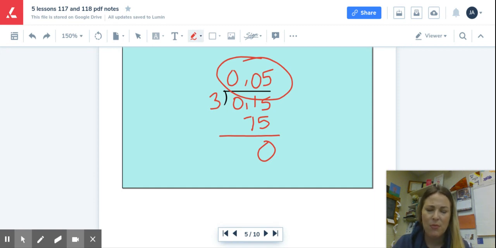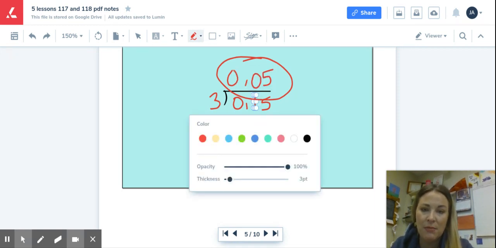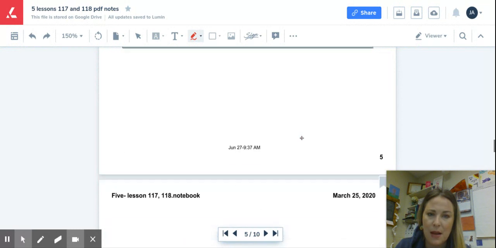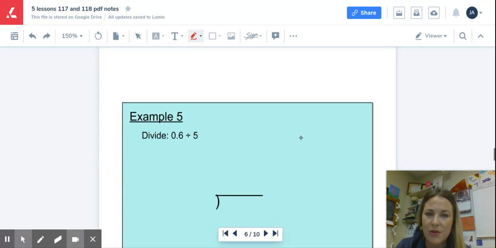You'd have to keep bringing numbers down, because you'd be looking to fill this space right here, and things just wouldn't work out. So just be mindful that above every single digit, you're putting things in the right place where they need to go.